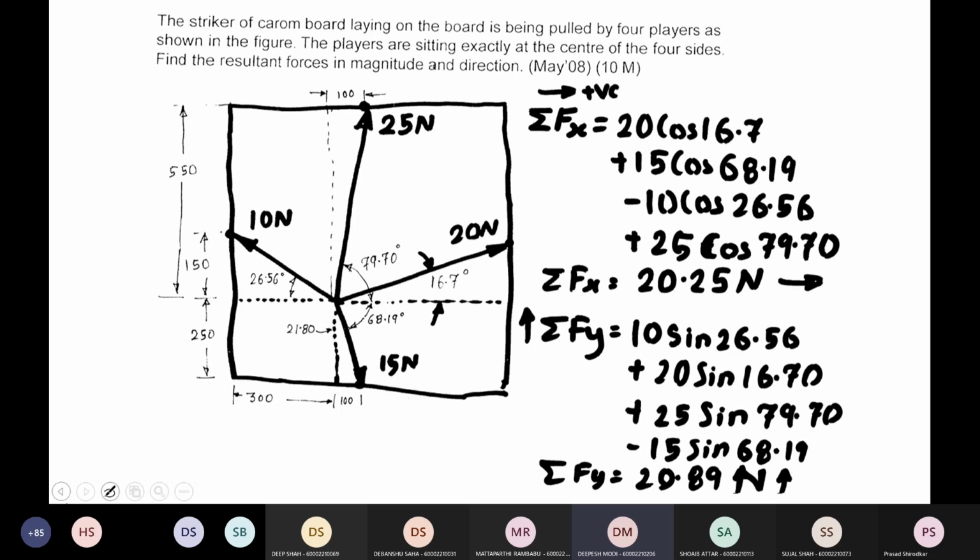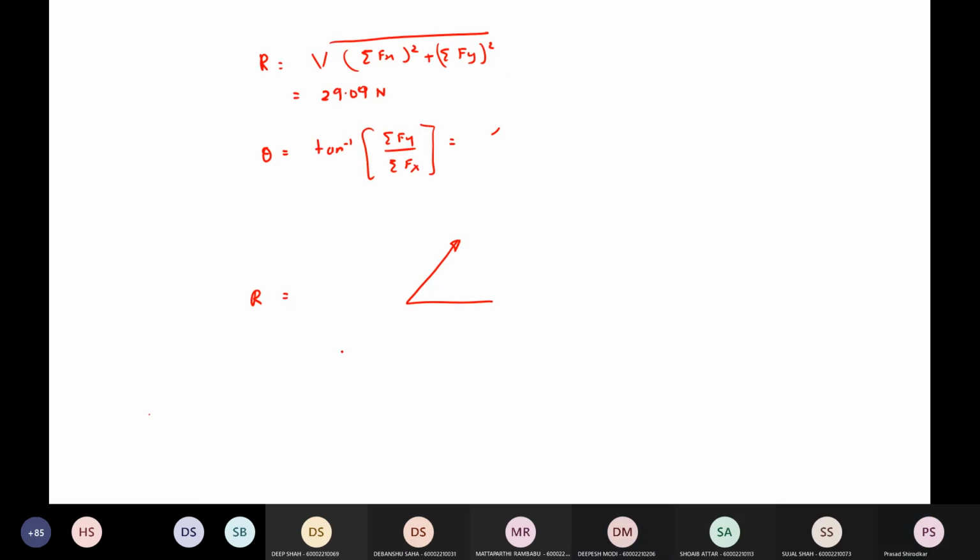Angle is 44.10? I'm getting it slightly different, 45.89. Sir, 45.89. Okay. So resultant is 29.09.